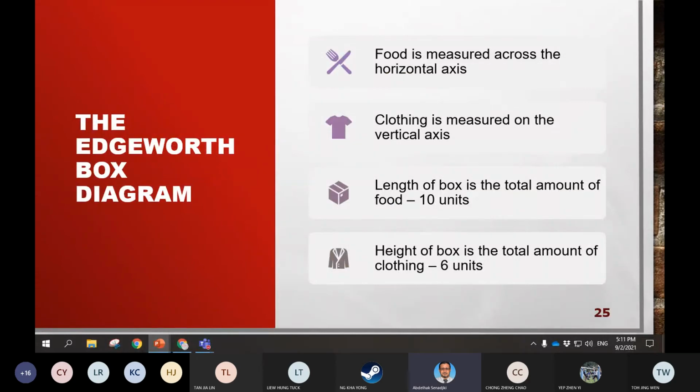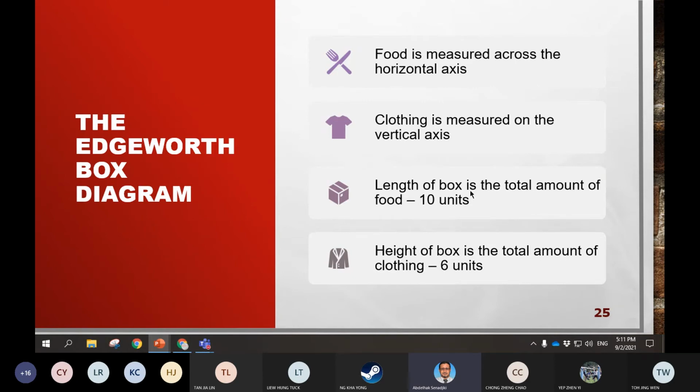In the case of James and Karen, if you remember, we have food and clothing. In that box, the food is measured across the horizontal axis, and clothing is measured on the vertical axis.